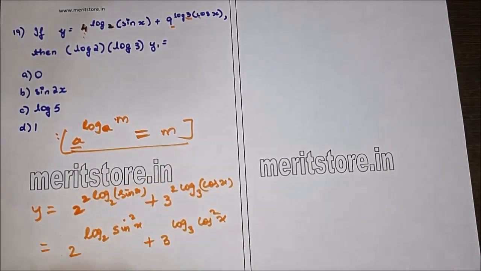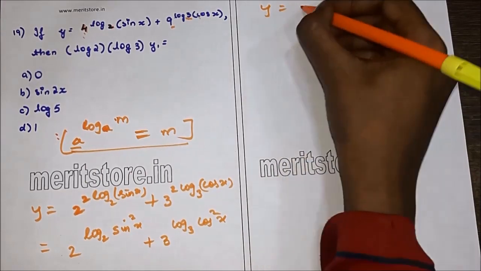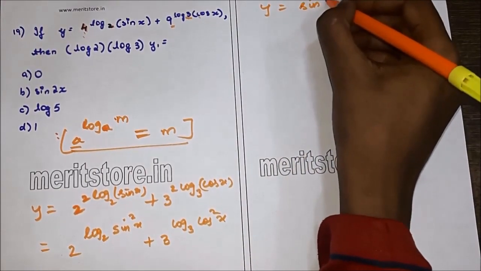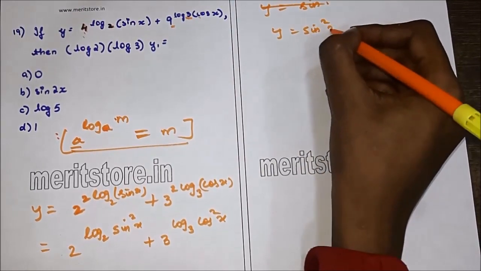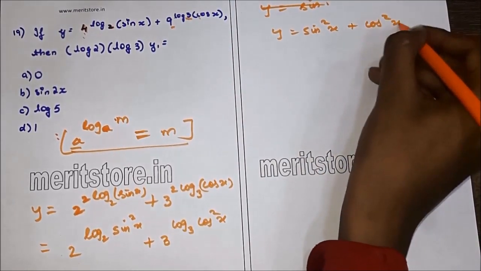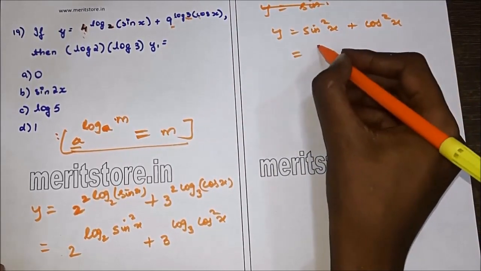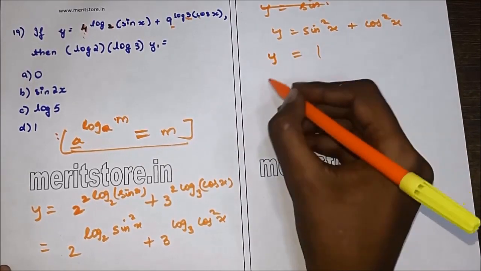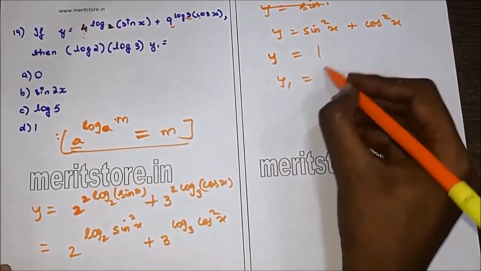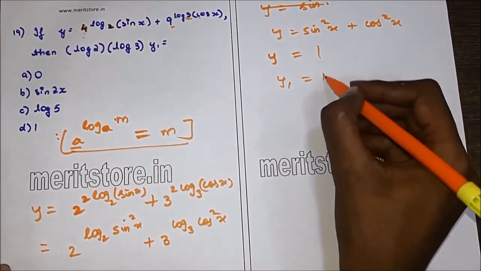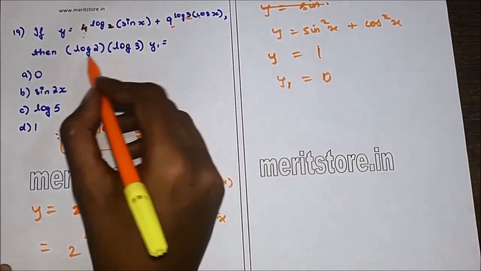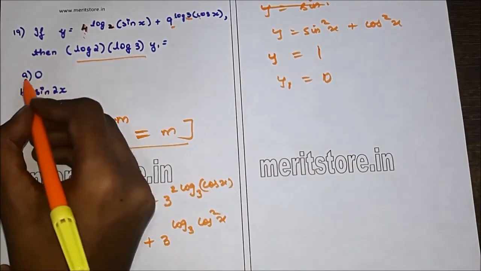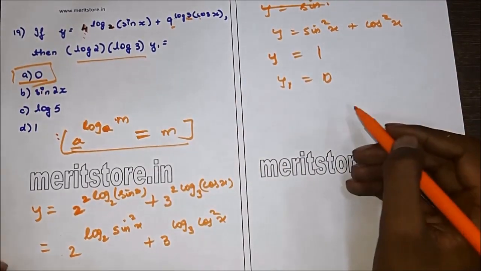Now applying this formula, we have y is sine square x plus cos square x. But sine square x plus cos square x is 1. So y is 1. So therefore y1 is a constant, so differentiation is 0. So therefore anything multiplied by 0 is 0. So the answer is A, 0.